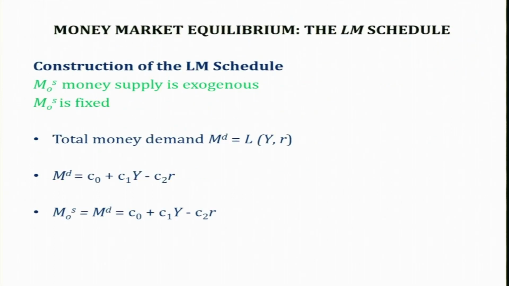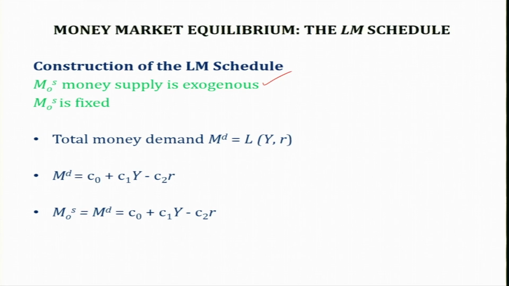Let us now construct the LM schedule. As I mentioned at the beginning, money supply is exogenously determined. This is a policy variable, already fixed, right? The central bank, the monetary authority, makes the decision to increase the money supply as a policy decision.